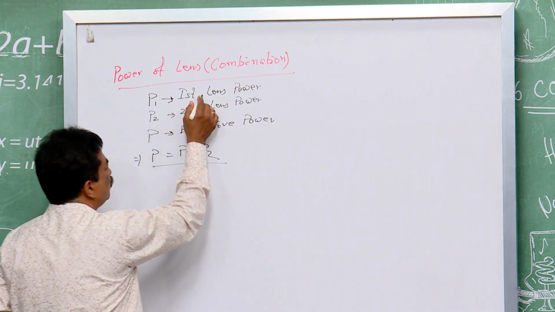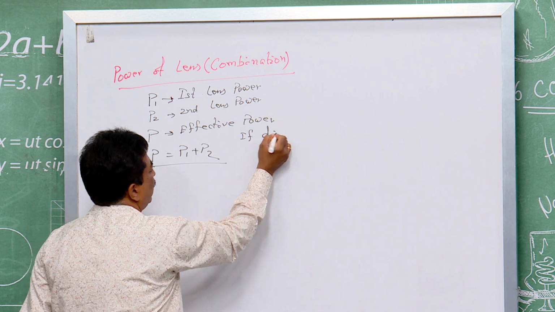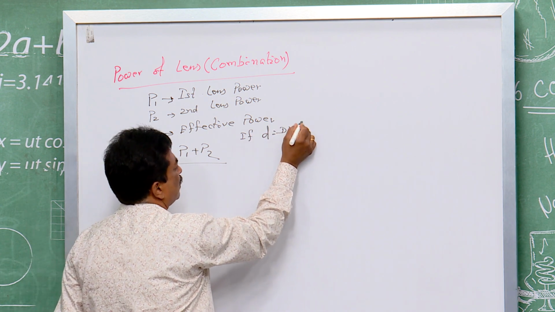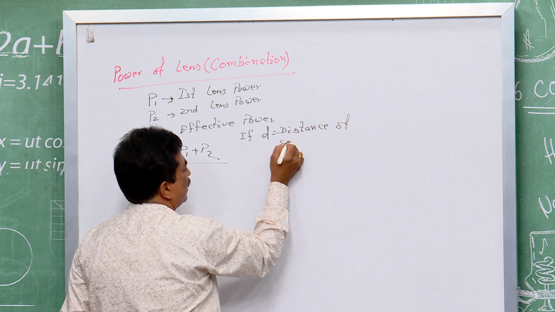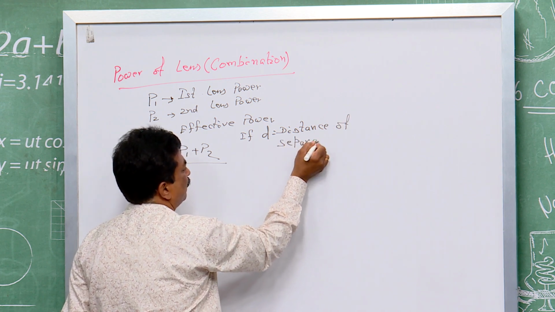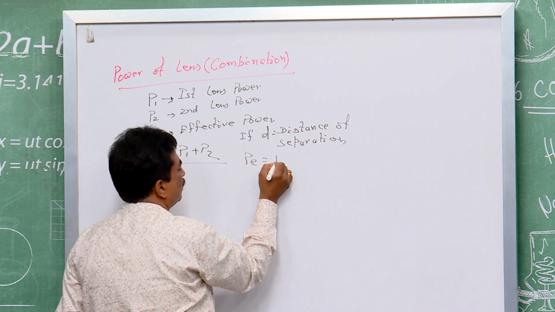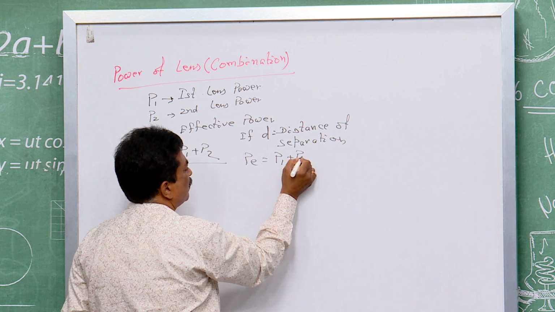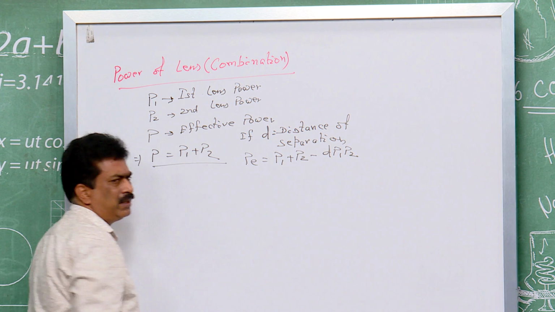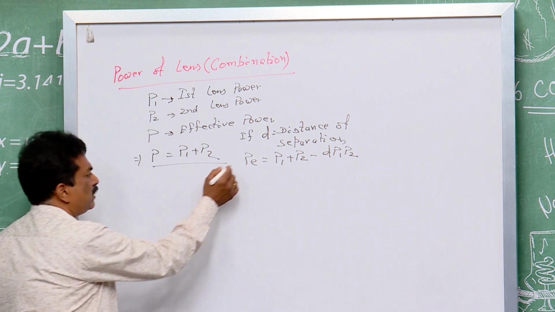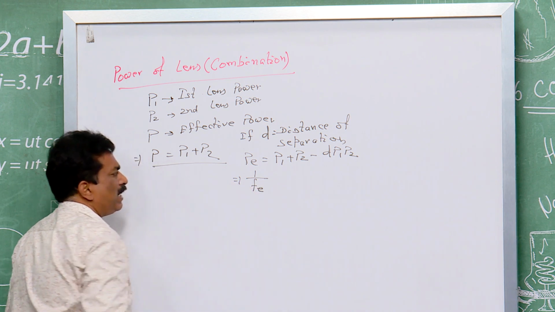But if these two lenses are separated by a distance, if D is the distance of separation, then P effective is equal to P1 plus P2 minus D P1 P2. This is its formula.